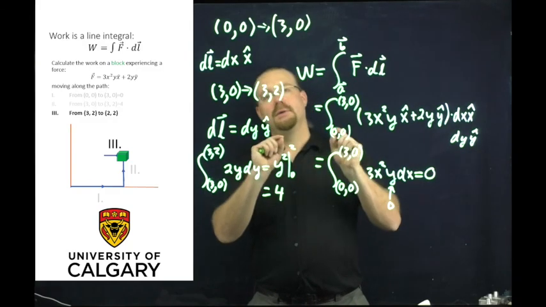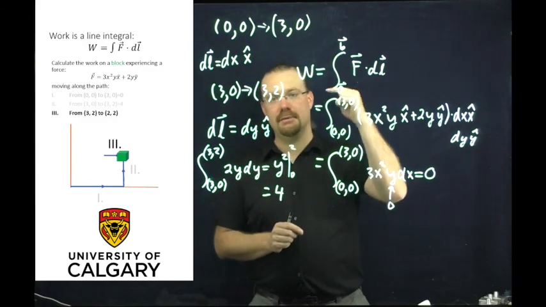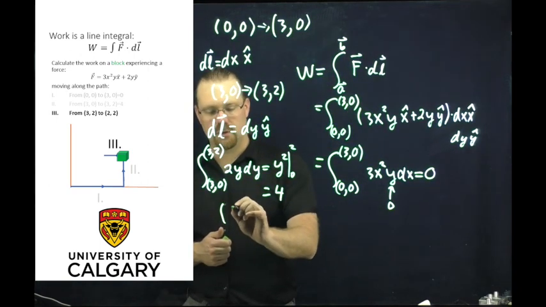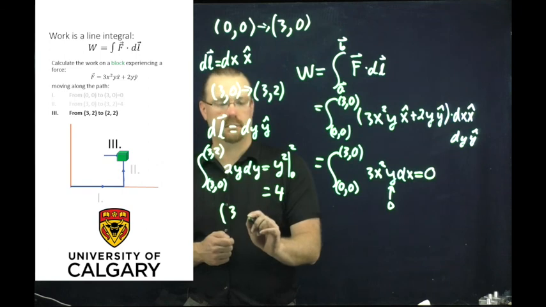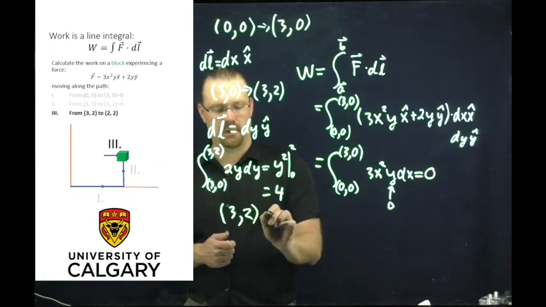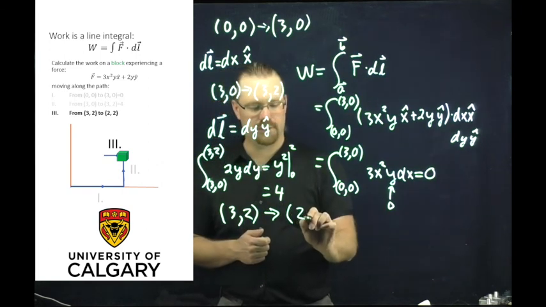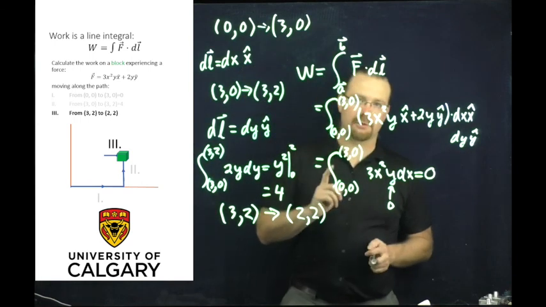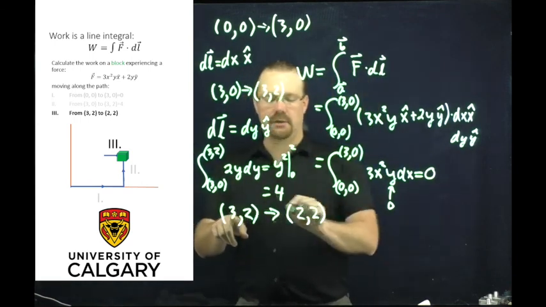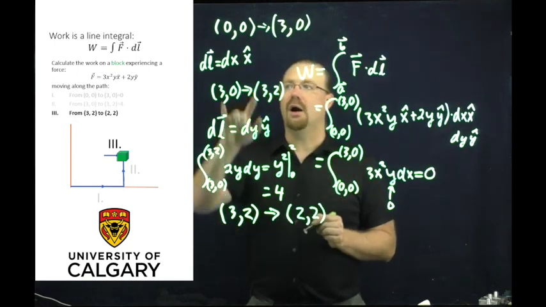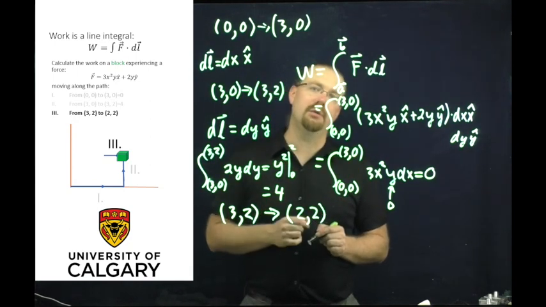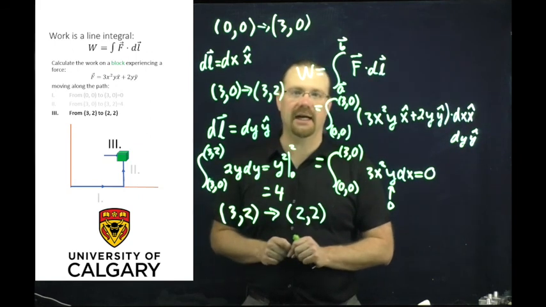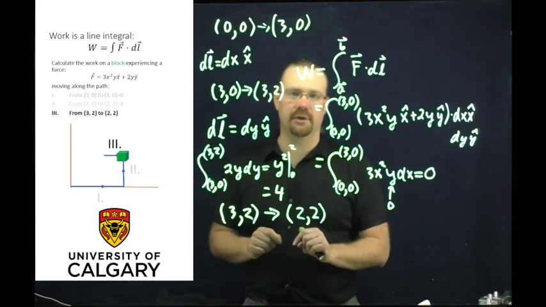We've gone along the bottom, we've gone up, and now we have to do that bit that goes back. That bit that goes back is going from 3 back to 2. What might be a little counterintuitive is because our x is actually getting smaller, our dl vector is still going to point in the positive x direction because the negative is being taken care of by our limits of integration.